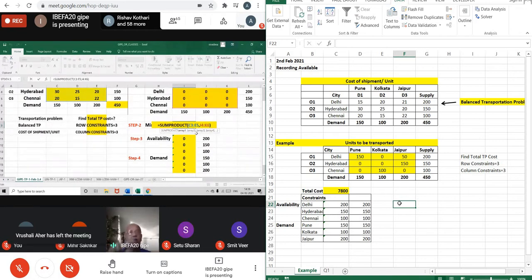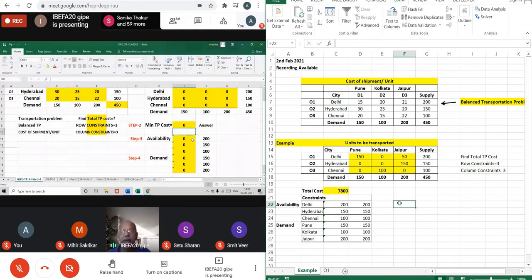So according to your cell references, you have to give it. Availability will be the row sums, and demand will be column sums.